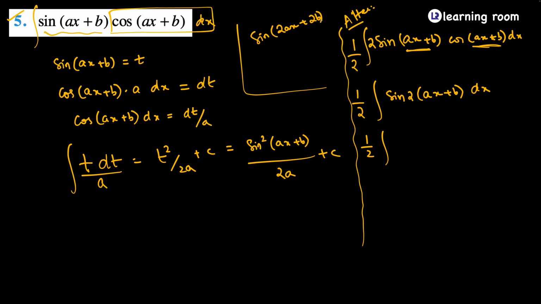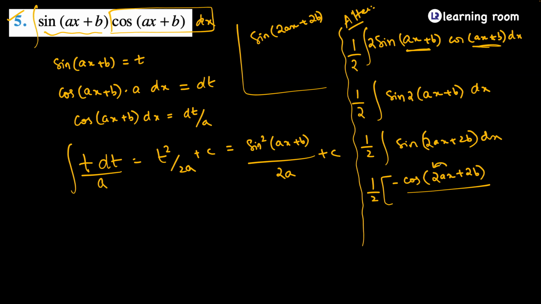So what is going to be the integral of this? It will be sine of 2ax plus 2b times dx. Half into the integral of sine is minus cos of 2ax plus 2b, the whole divided by, what is the coefficient of x? 2a, plus c.